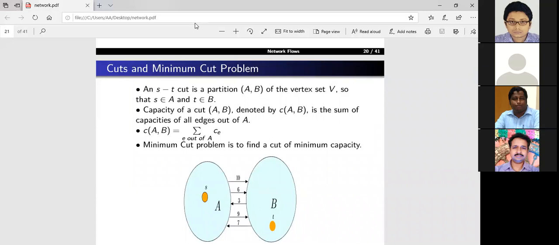So the capacity of this cut is 10 plus 6 plus 9, which is 25. The other direction edges, 3 and 7, we simply ignore. We just don't care what those values are.